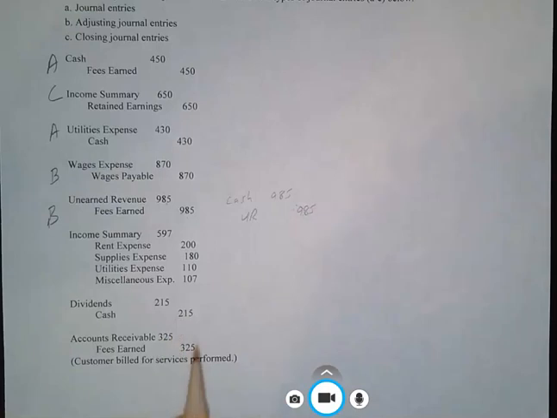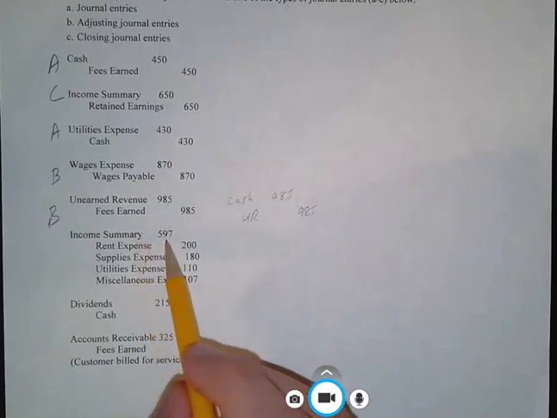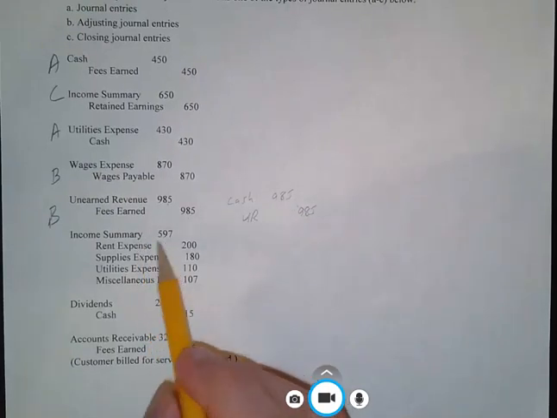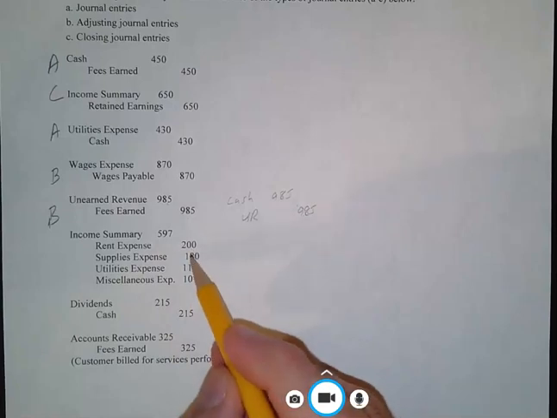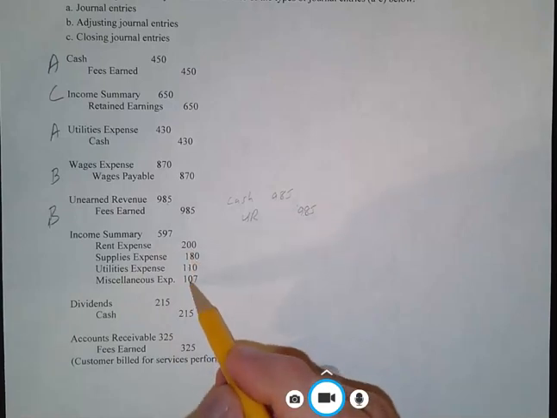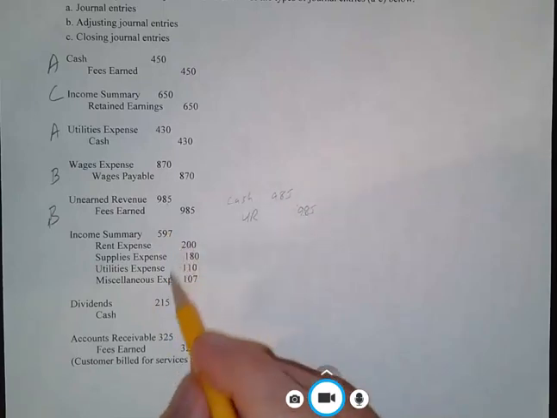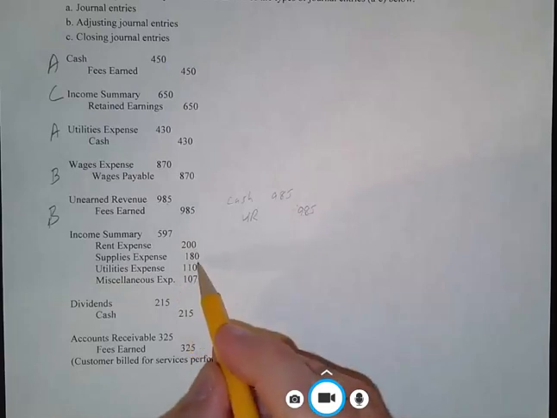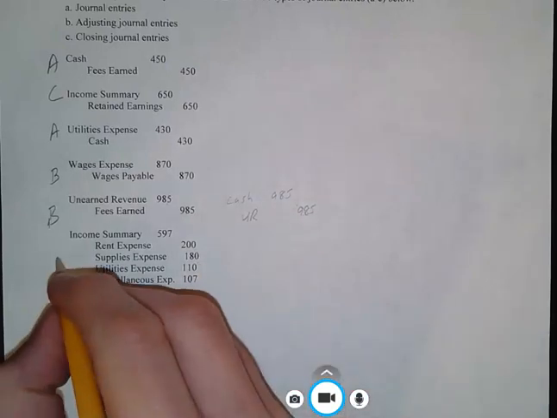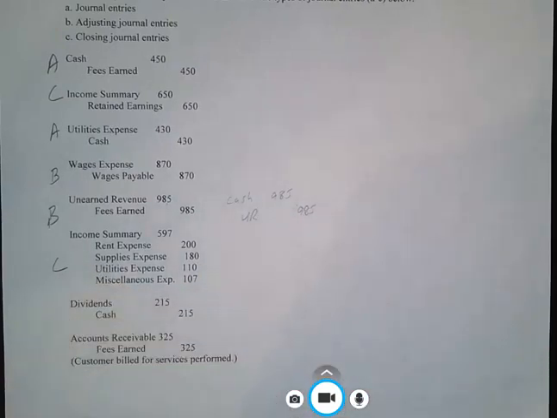Then we have a debit to income summary for $597, and then we have a series of 4 expenses that total $597. Okay, this clears out all of our debit amounts from the expense accounts, and this would be a closing entry. All right.